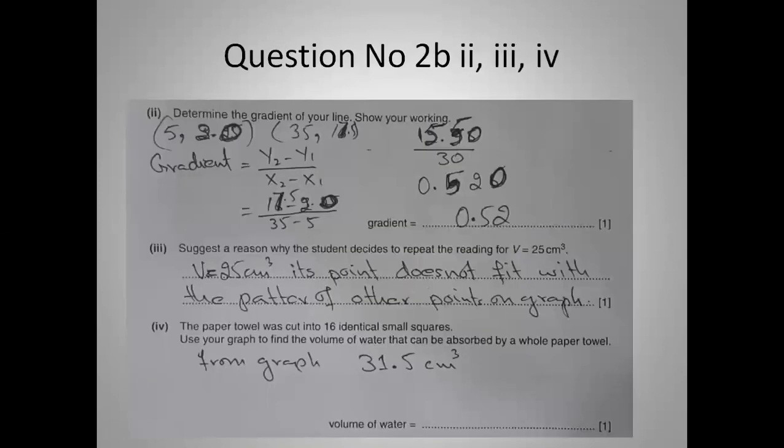I have taken (5, 2) and (35, 17.5). The gradient formula is y2 minus y1 divided by x2 minus x1, so it will be 17.5 minus 2 divided by 35 minus 5, so it will be 15.5 divided by 30, and the answer will be 0.52. So your gradient is approximately 0.52.